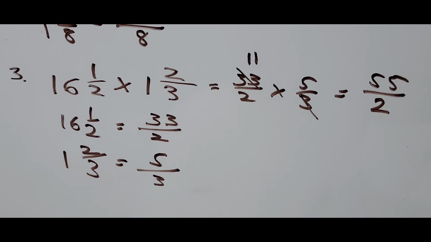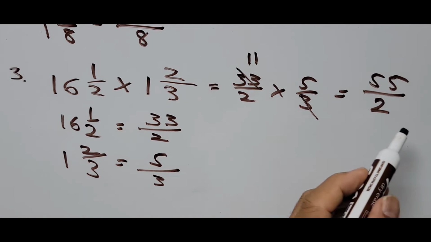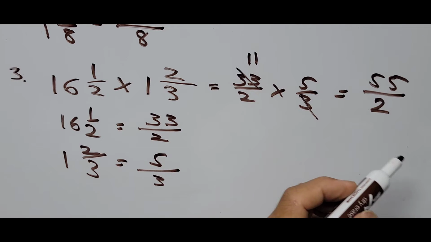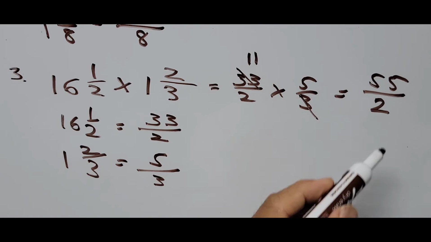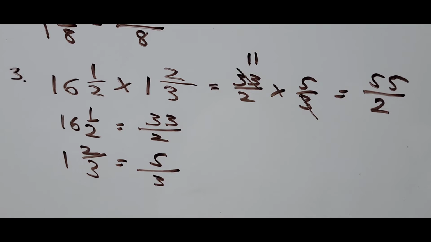Okay. Now we can still reduce this 55 into its lowest term. This can be an answer already, but still we can simplify and reduce it to lowest term. How to do that? In simplifying this improper fraction to lowest term, I can have this way.